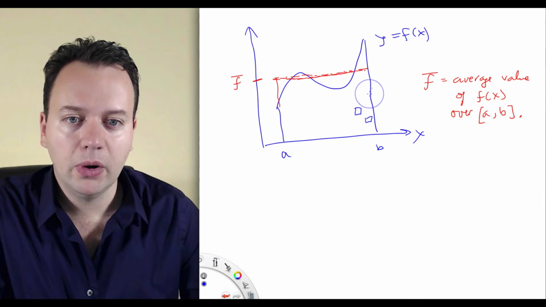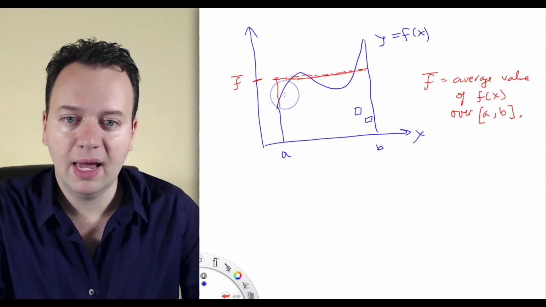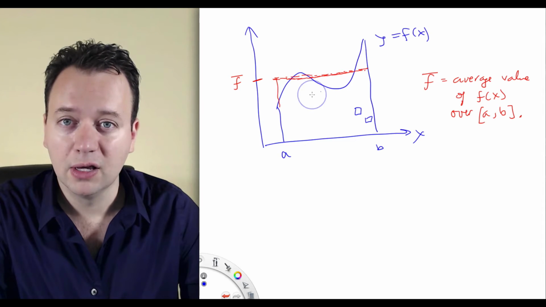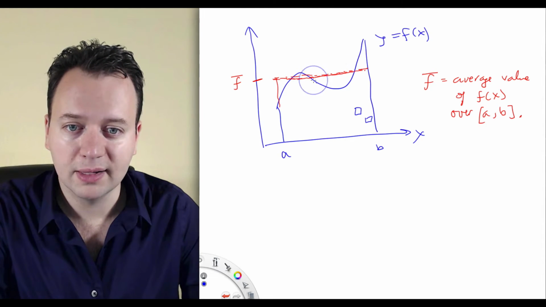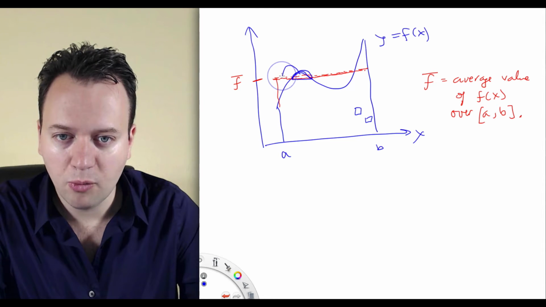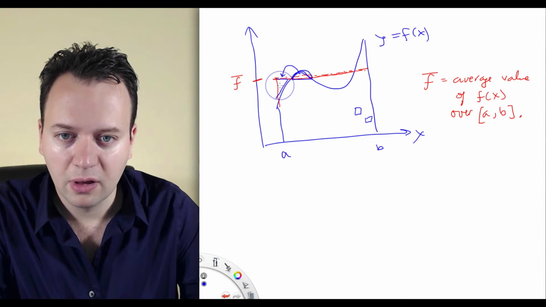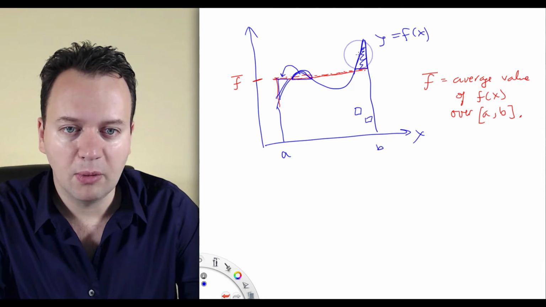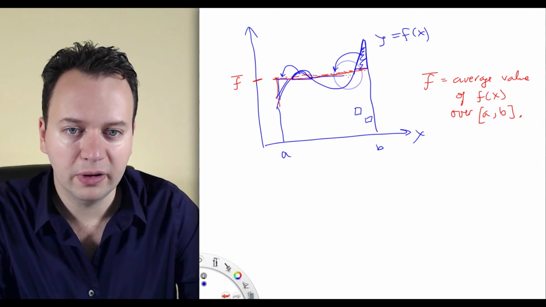So the idea is, well, what happens if we were to shape this area? So I want to preserve area, but change the shape of this so that the function is constant. So in other words, I have some area above the average. I'm going to move that down here and kind of fill it into this hole. And I have some area up here, and I'm going to take it and put it down here and fill it into this hole.